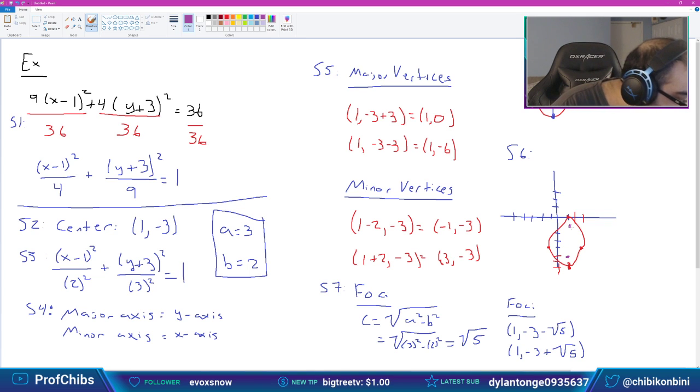All right. Any questions about that? Any questions at all about this example? Hopefully that makes this one pretty clear about how to get that done.